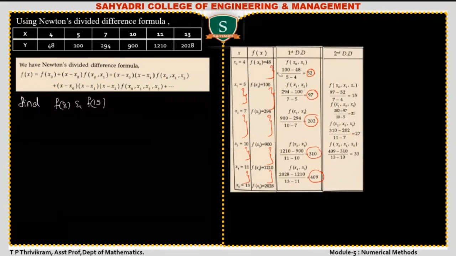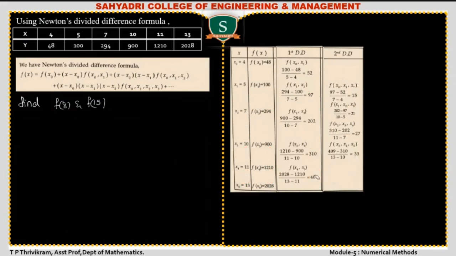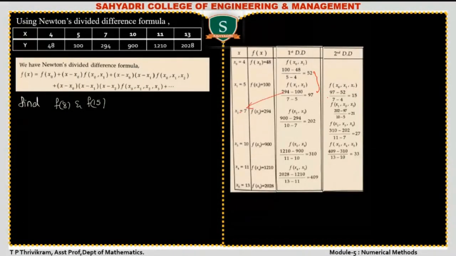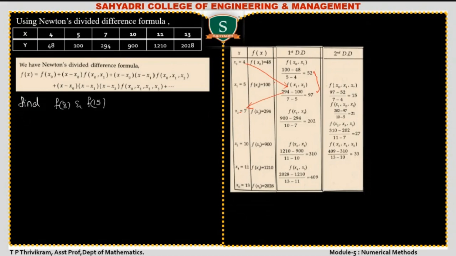This time we have to take the difference between these two. Draw one diagonal line to this. Whichever x value you get, that x value you have to take first. Next, draw a diagonal line in this direction, top direction and front direction.